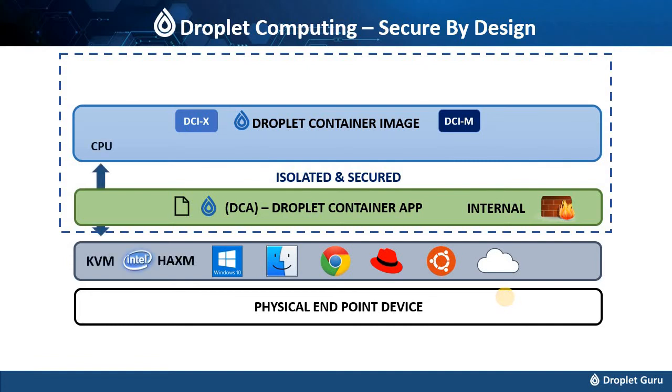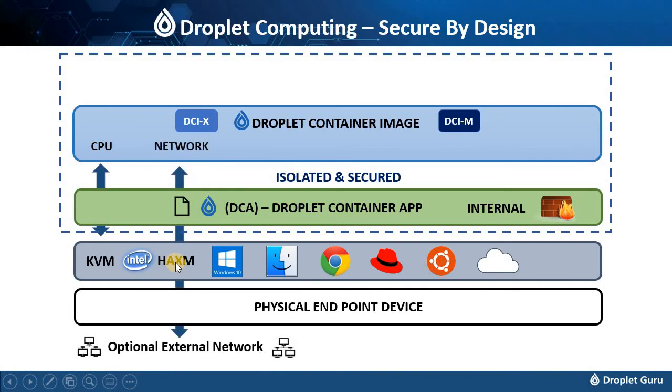I mentioned earlier that you don't need servers or hypervisors. So what Droplet Computing does is it utilises your existing hardware on your physical endpoint device. For example, your CPU: inside the container, you can access and enable hardware acceleration using either KVM or Intel HAXM.